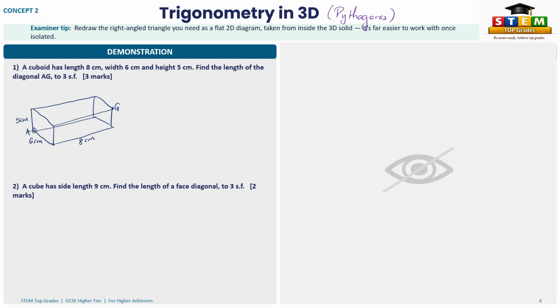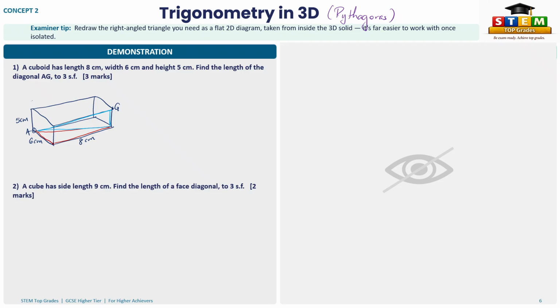One triangle is the one we're looking at that way, and then we use one of the sides, the blue one, and the blue triangle.